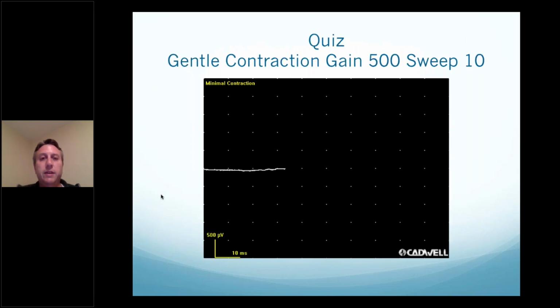Okay. And then this is the last one. So let's take a look at this here. So this is a gentle contraction, gain of 500, sweep 10. So let's take a look at this one here.